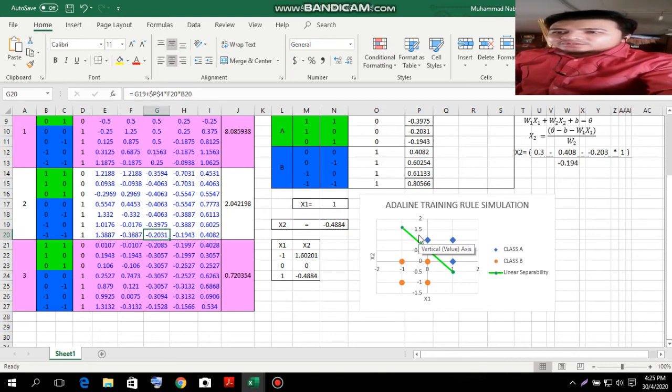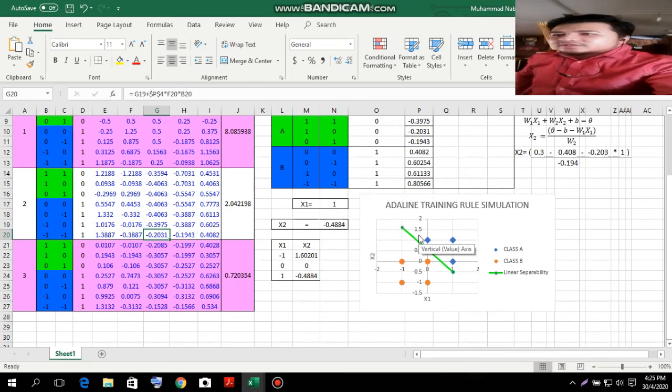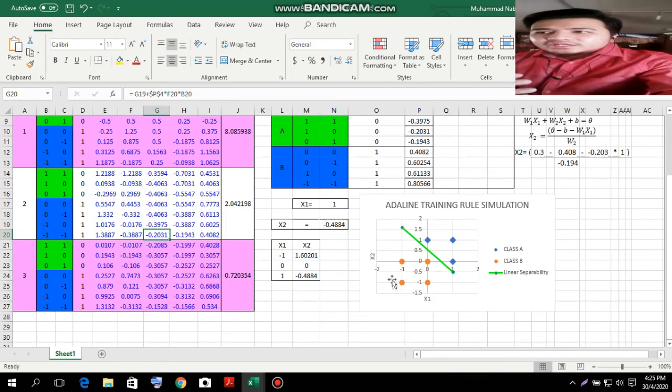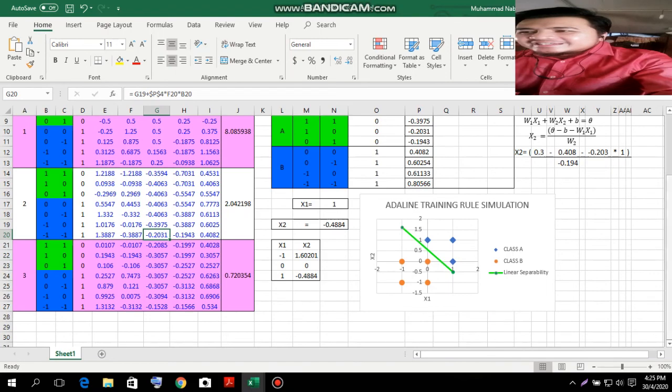And we will obtain the graph. This is the graph for the Adaline training rule simulation, which states that the process is complete when the two classes have been separated by linear separability.